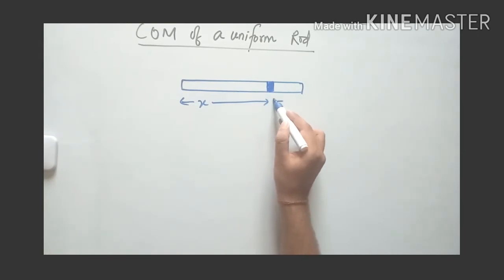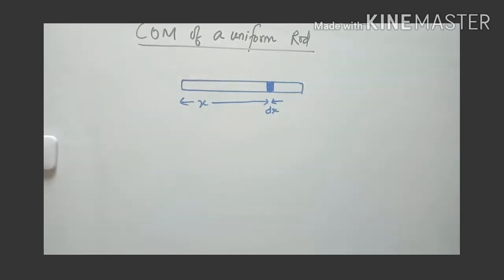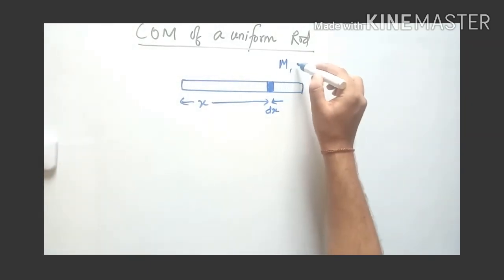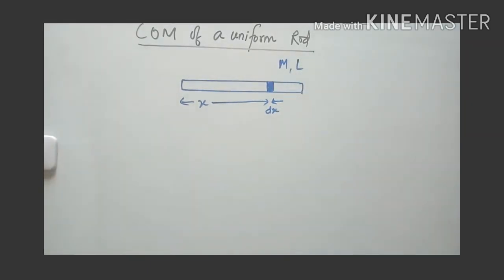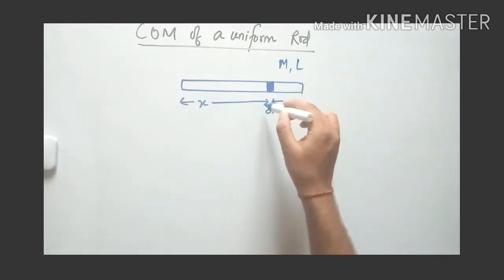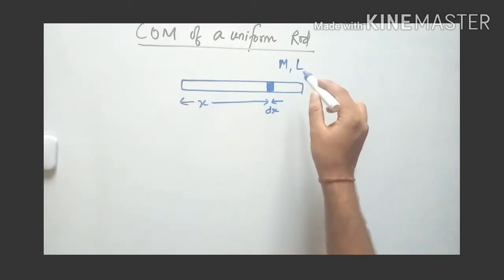The length of the element is dx. The rod given to us has a mass m and its length is L.